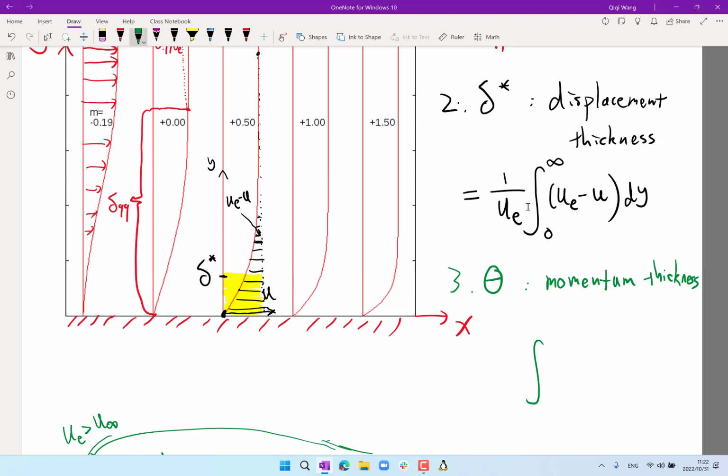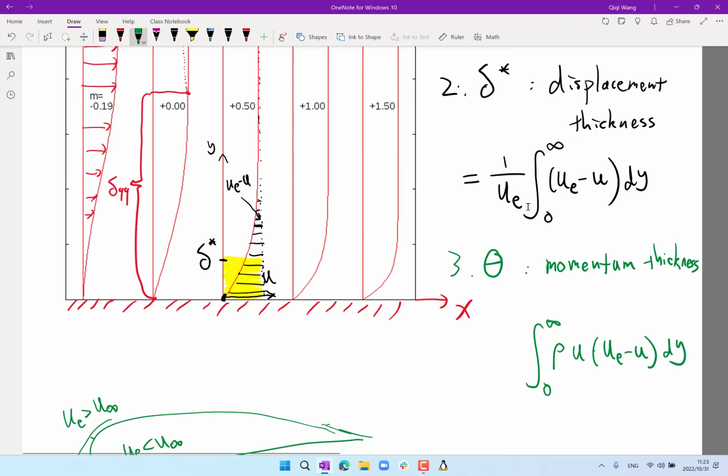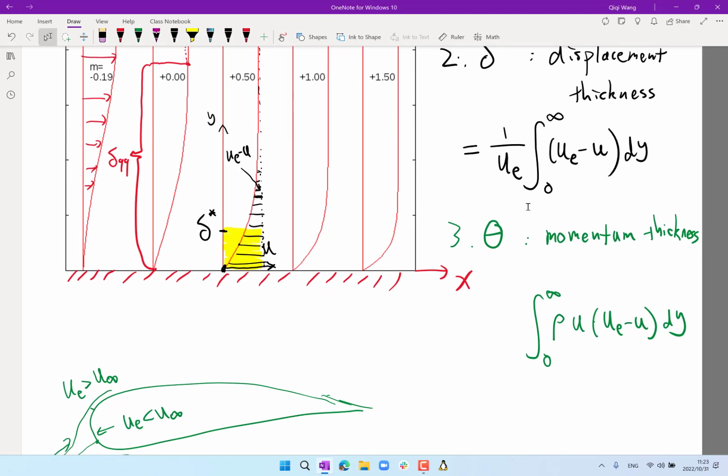And the momentum flux defect turns out to be an integral again from 0 to infinity of rho times u times (UE minus u) dy. Maybe I should write it in a different way.